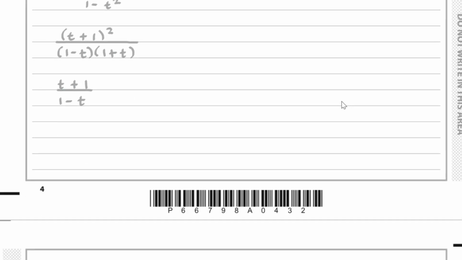So, if we begin with the left-hand side, we begin with sin x minus cos x plus 1 divided by sin x plus cos x minus 1.